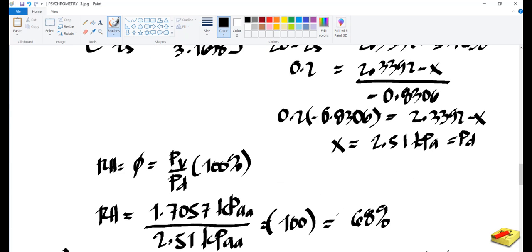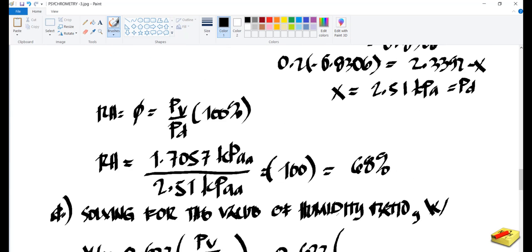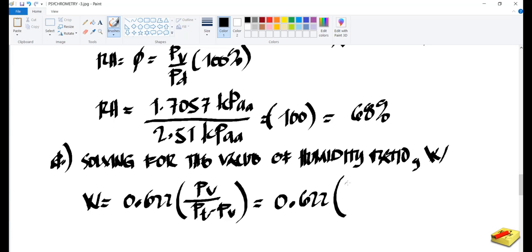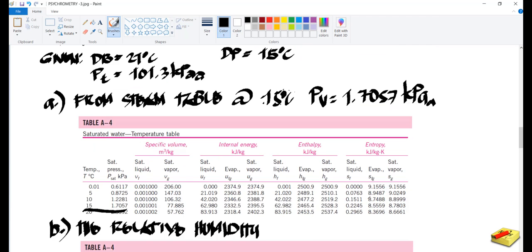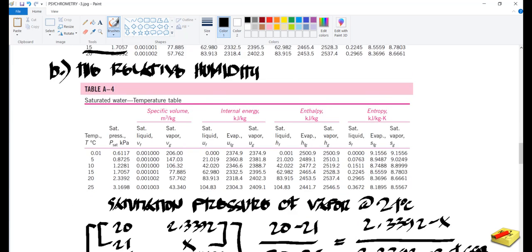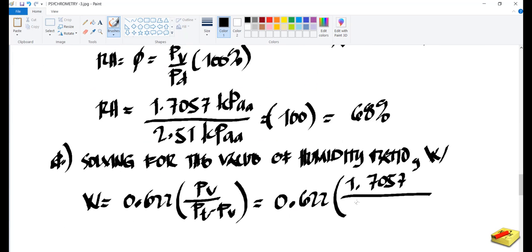So your vapor will be 1.7057, then divided by total partial pressure, which is 101.3 minus 1.7057. Okay. So this is in terms of kPa, also the units.